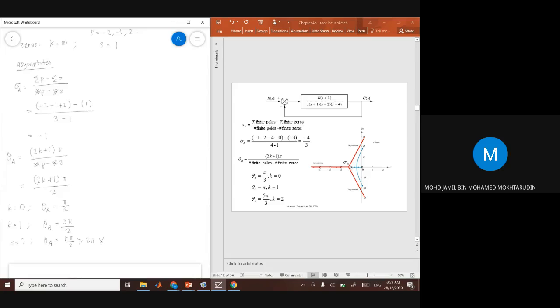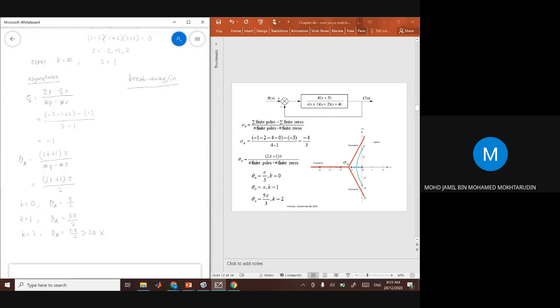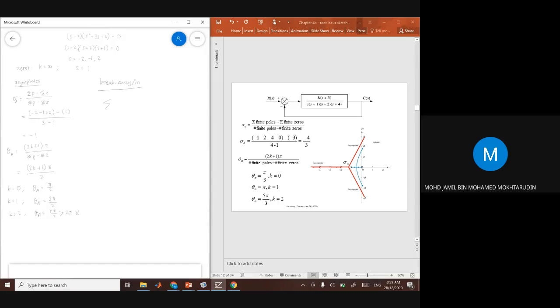Okay, and then determine the breakaway breaking points. Okay, sum of 1 over sigma minus z equals summation of 1 over sigma minus poles.